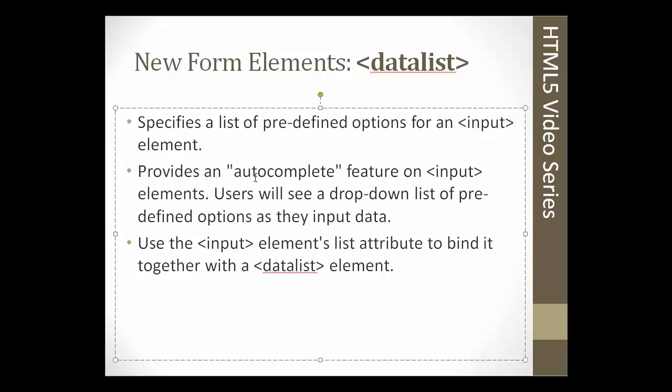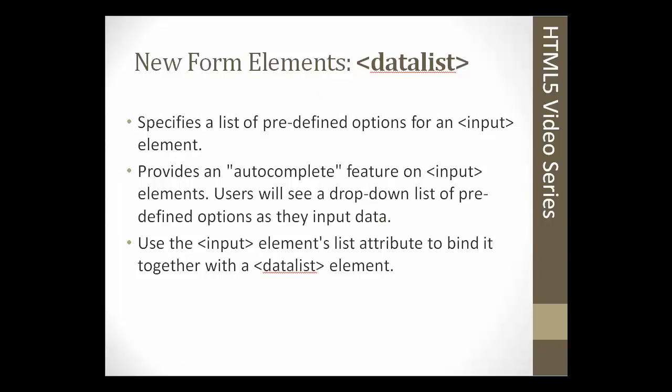If you have a certain value in the list and they start typing, then it'll pop up. Say it was a location input and you typed B. If we had Boston in the list of options, then Boston would pop up and they could select it without having to type the rest. Pretty cool. You use the input element's list attribute to bind it together with the datalist. It's a little hard to explain, but I'm going to show you in the programming part of this section how this works.